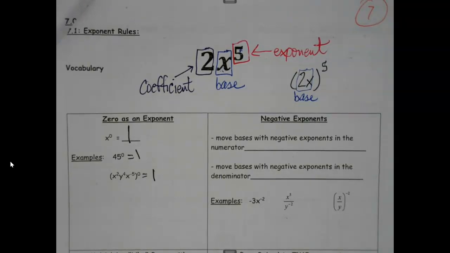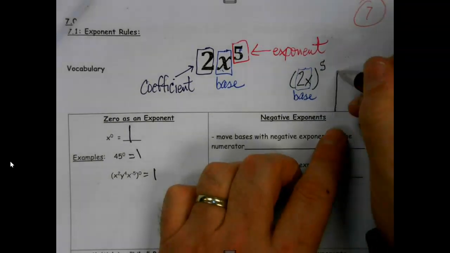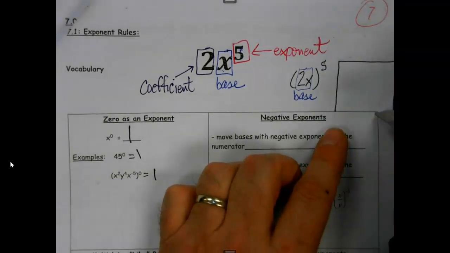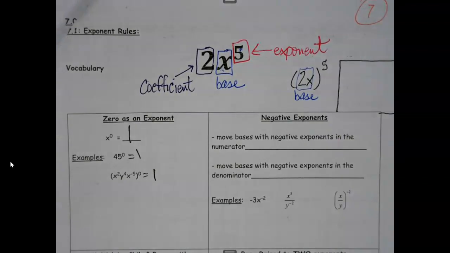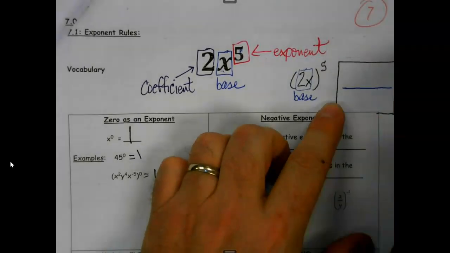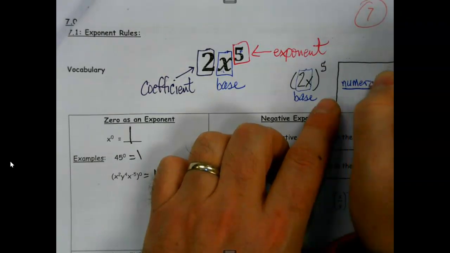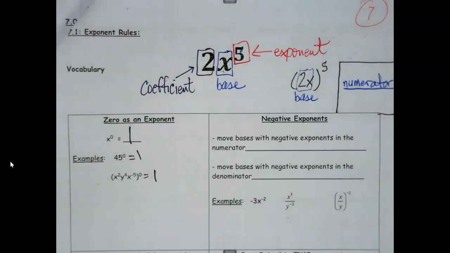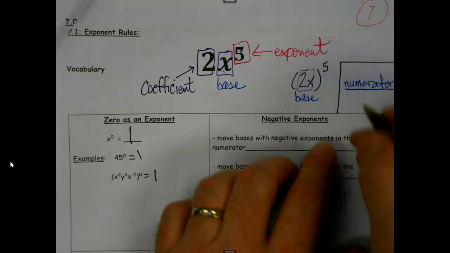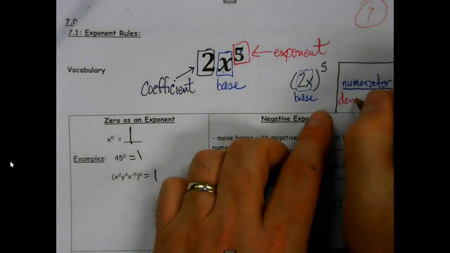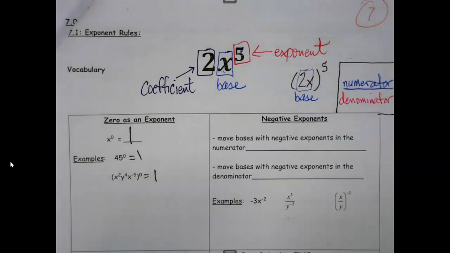Now, when we get to negative exponents, I'm going to add one little box here onto our negative exponents part. So it's like a little growth going here. When we talk about fractions, the top is my numerator, and the bottom is my denominator.